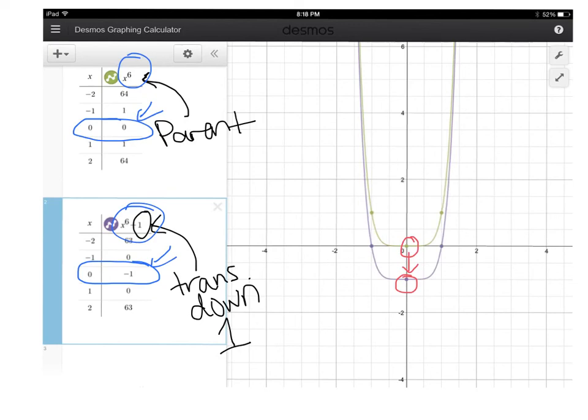So graph both those functions on the same axes and provide a table. I don't care how many points you use, but you're going to have to use at least 3 points for each function, and just provide a complete graph of both the parent function and the transformed function.